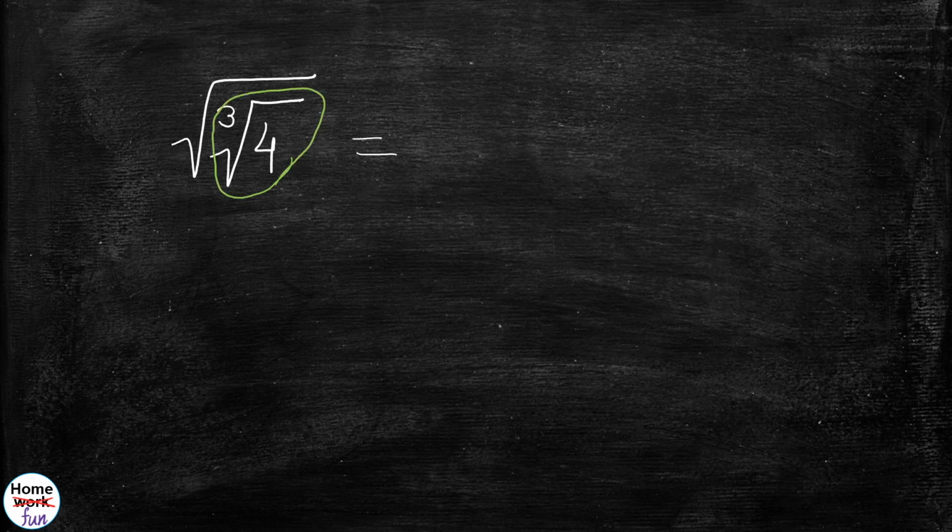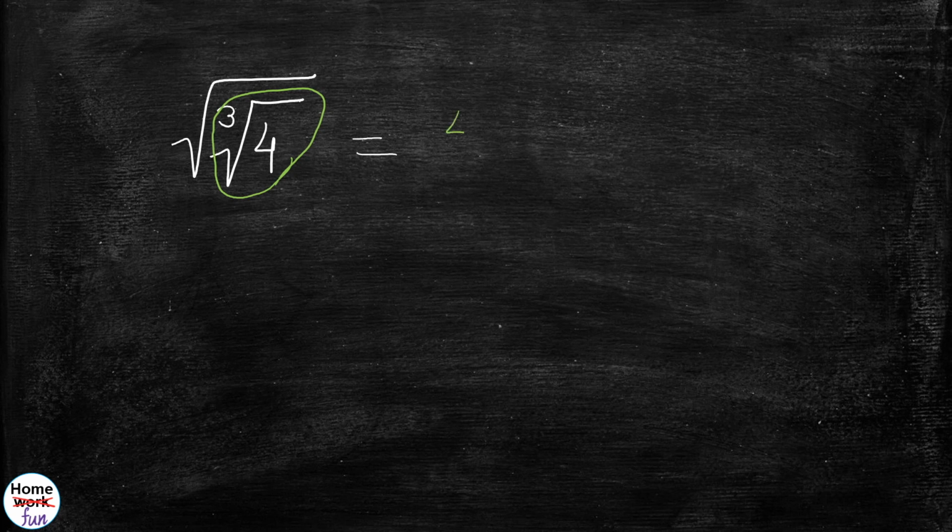Let's see another one. Suppose you have cube root of 4, and then square root of that. So what is this? Let's simplify it. Starting from within, I'm going to deal with this cube root now. So 4 to the power of 1 over 3.